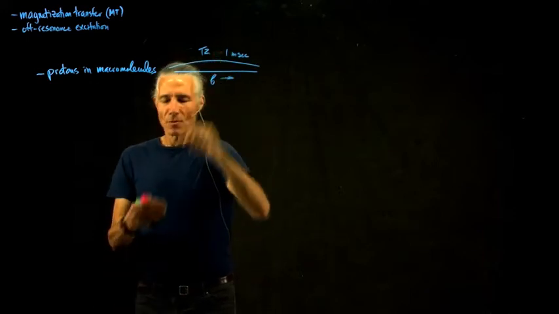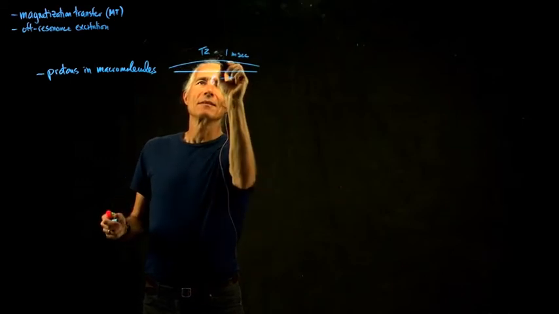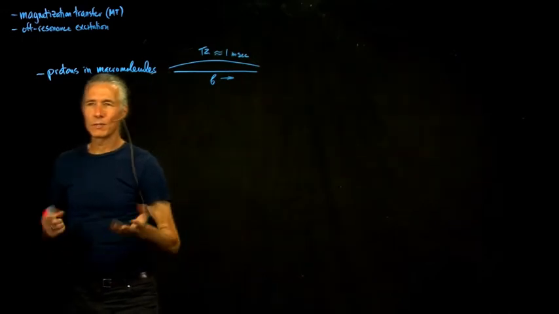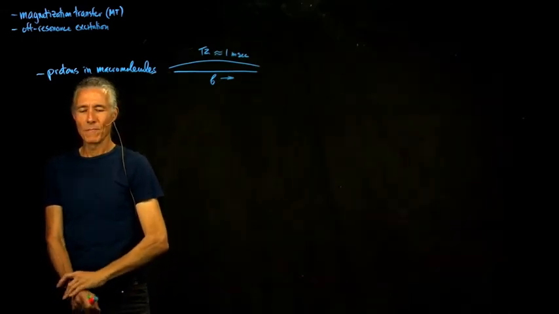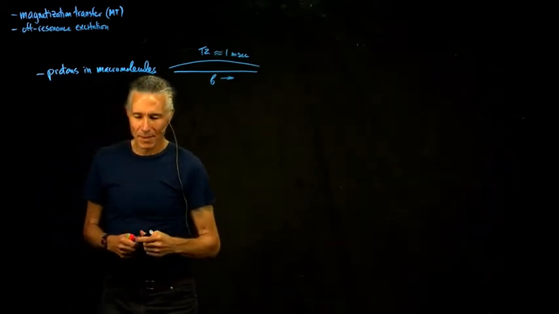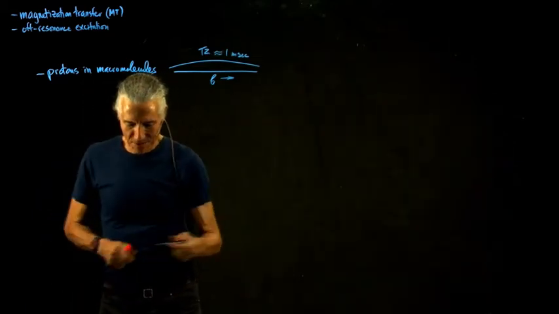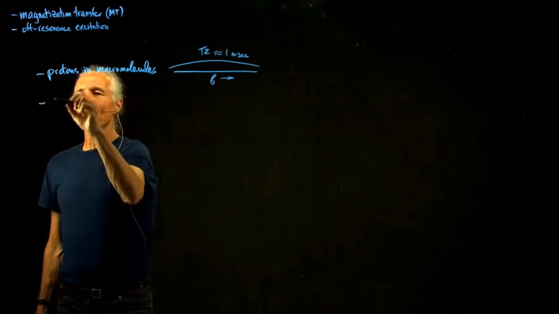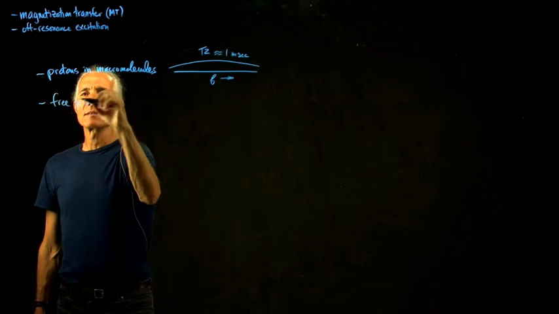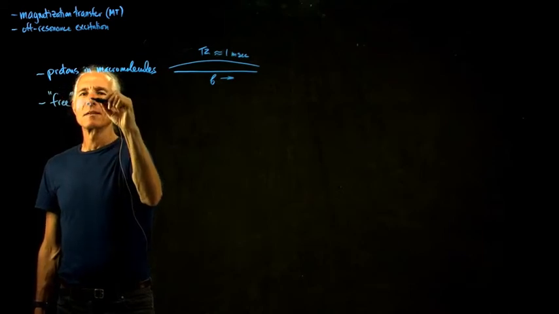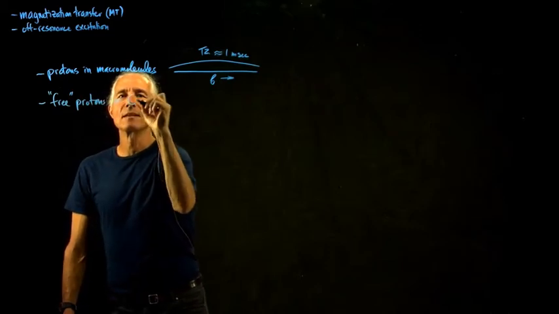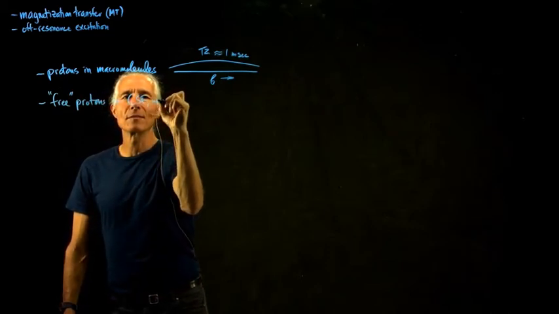But normal scanners don't do that, and so normally our TE, time of echo, has a minimum of about 2 milliseconds. So these guys have just disappeared. But as we'll see, they're not totally gone. So we compare those with the free protons in the cerebrospinal fluid, water, blood.